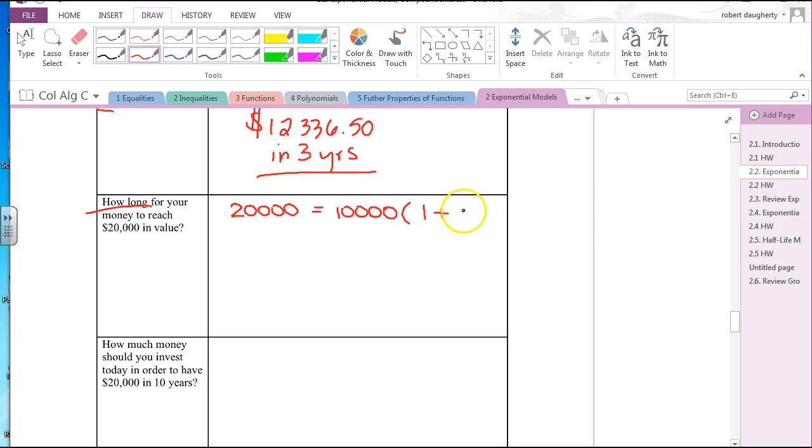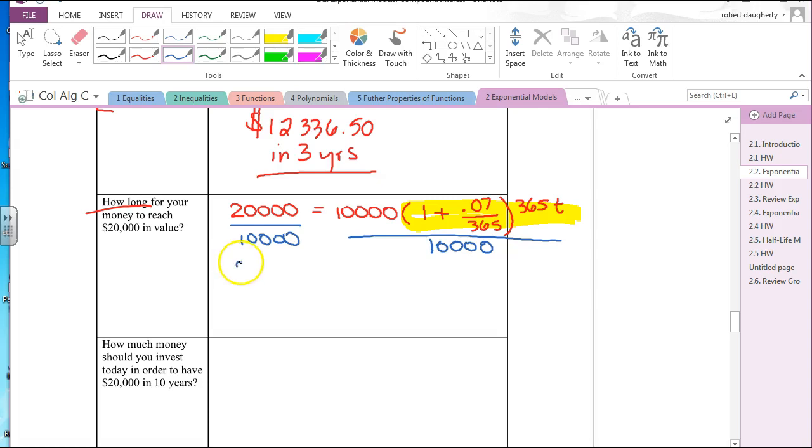Okay. 1 plus 0.07 over 365 to the 365t, and I'm solving for t here. Okay. Solving for that exponent. If I'm going to solve for this, I'm hoping to get this all by itself. What is keeping it from being by itself right now? Yeah, the 10,000. Okay. So I divide everything by 10,000. What's 20,000 divided by 10,000?